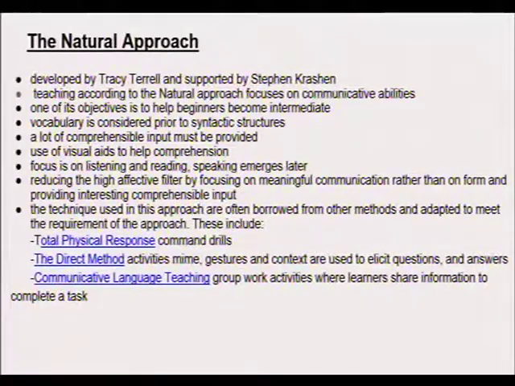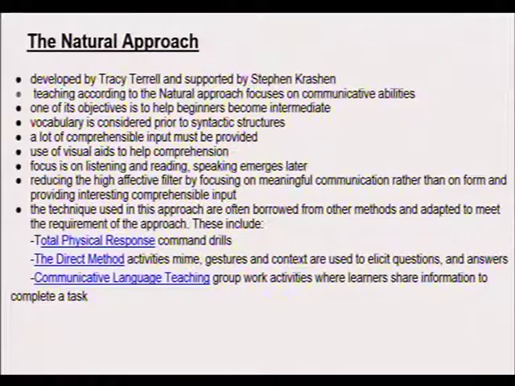Another approach that we use within teaching is called the natural approach. And you'll have to be able to define what the natural approach is, and here are some bullet points to explain it easily. You have the natural approach, developed by Tracy Terrell and supported by Stephen Krashen.